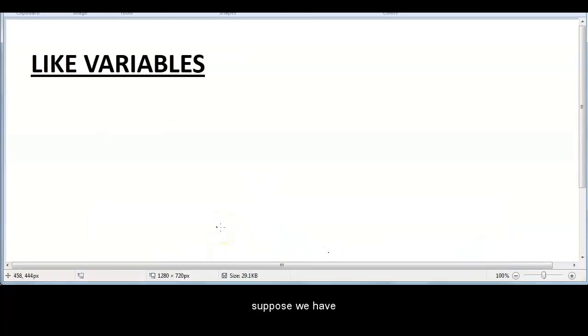Okay, what about like variables? Suppose we have x squared divided by x.